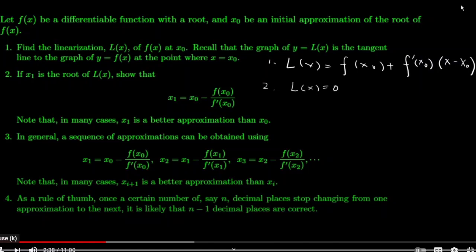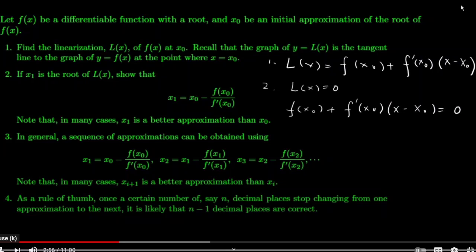By that we mean f of x0 plus the derivative of the function at x0 times, in brackets, x minus x0 equals 0.